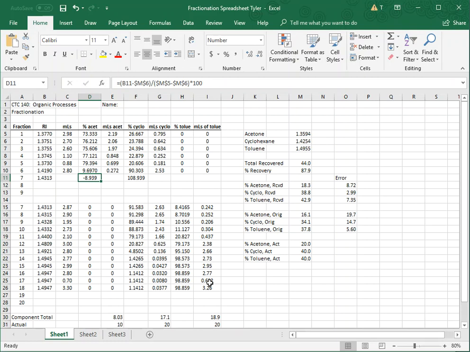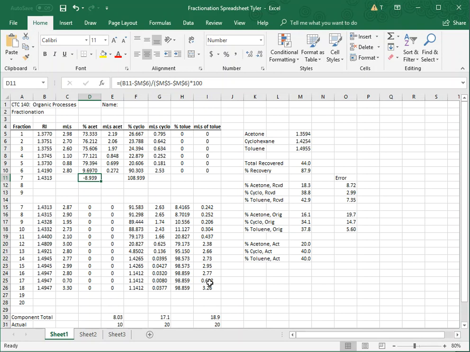Well, that's a problem. We know that we can't have a negative concentration, right? That makes no sense to us. So because of that, that's a very good sign that that sample container number 7 no longer contains acetone anymore.